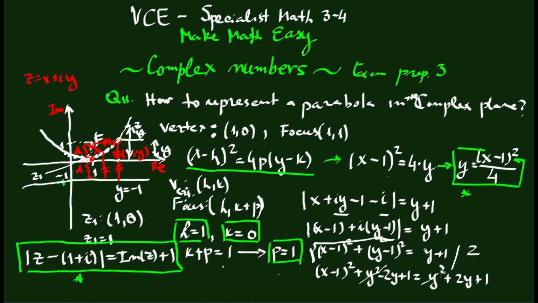And what's the same on both sides, that's there, and what's left is x minus 1 squared, minus 2y on the other side goes and becomes 2y plus 2y is 4y. So we have proven, and from there we have that y equals x minus 1 squared divided by 4.